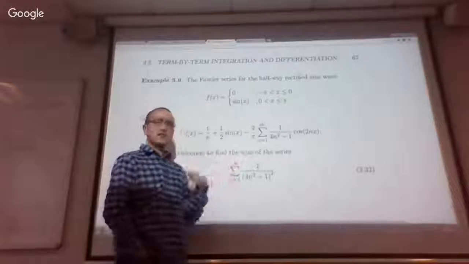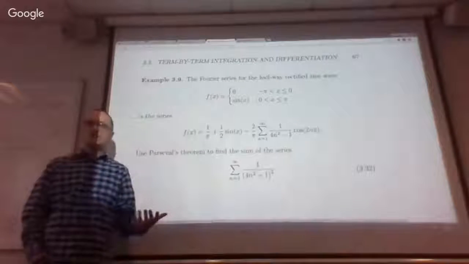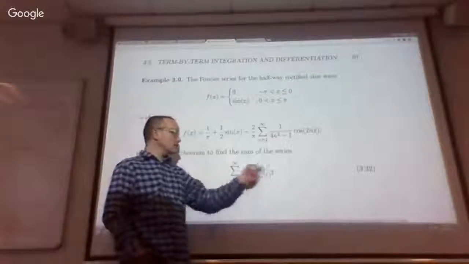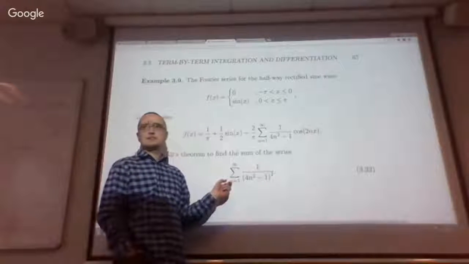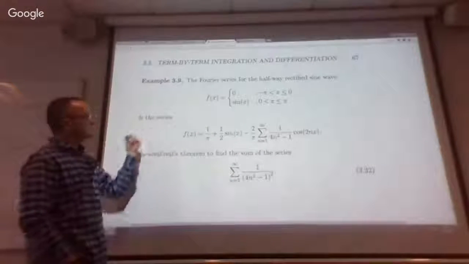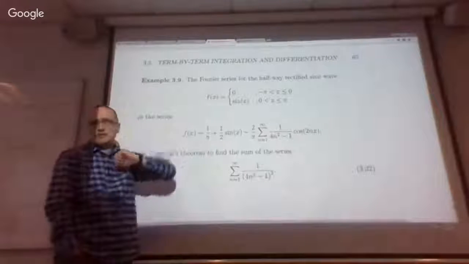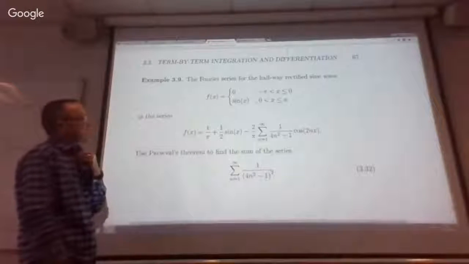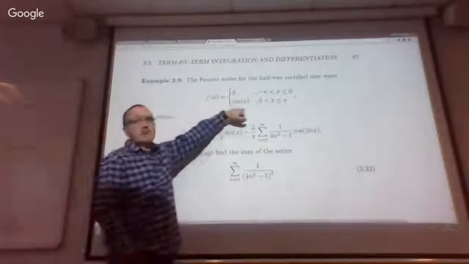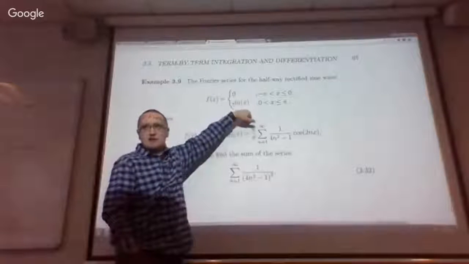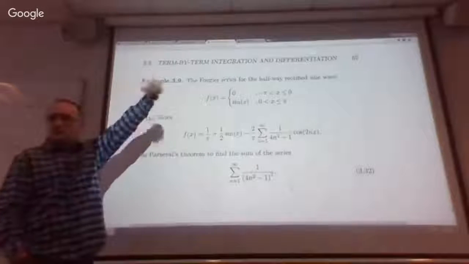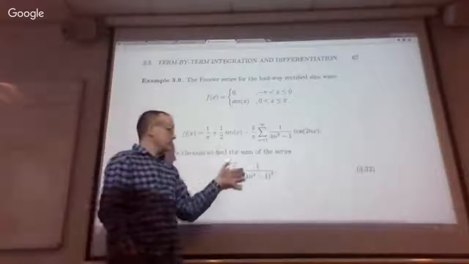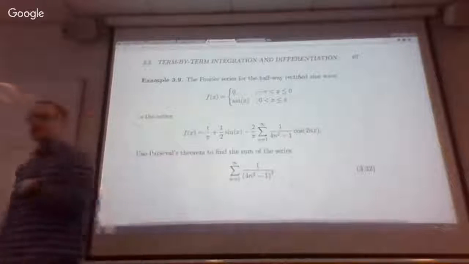So Parseval's theorem, which tells you about the sum of the squares of the Fourier coefficients, we can use that to approach this sum. Parseval's theorem relates it to the inner product of the function with itself. That's going to be an integral of sine squared, which, as long as we can evaluate that integral, we'll be able to evaluate that infinite series.